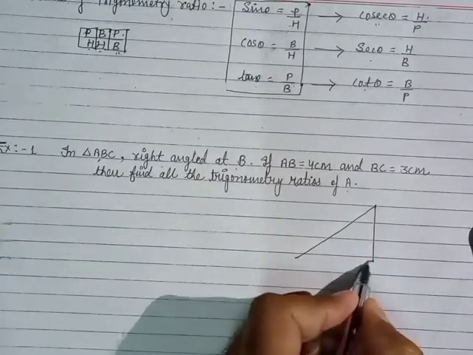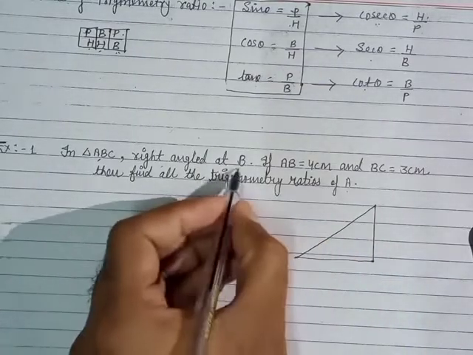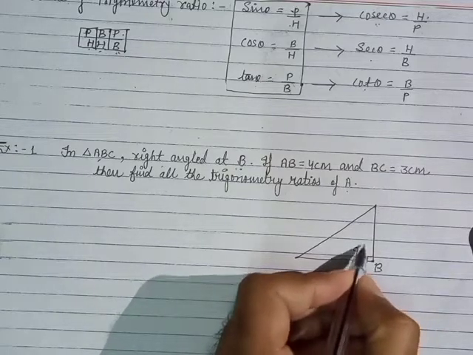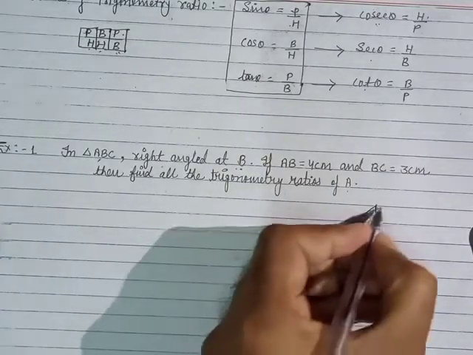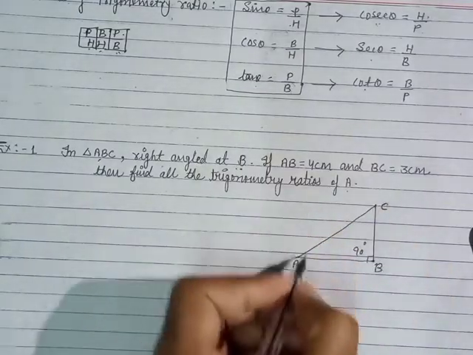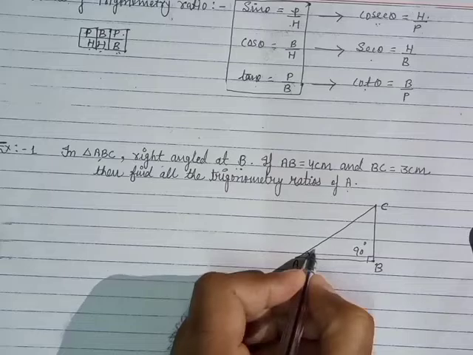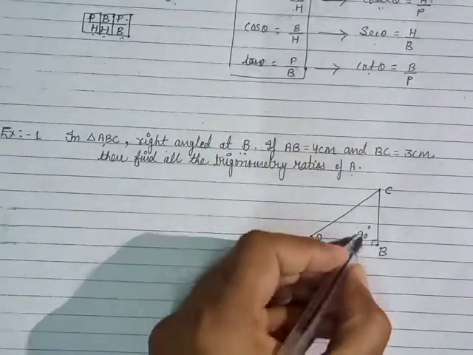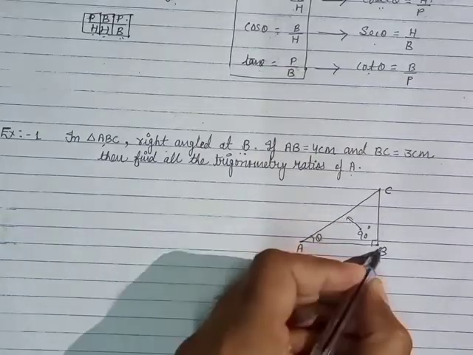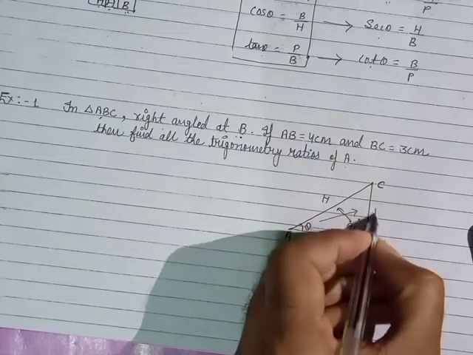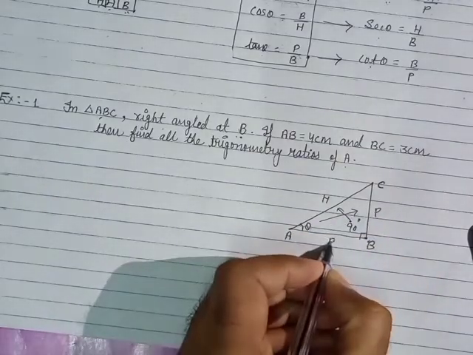It is triangle ABC, angle B is 90 degrees, and the other angles are A and C. According to the question, theta is angle A. The side opposite to the 90 degree is the hypotenuse, the side opposite to theta is the perpendicular, and the remaining side is the base.